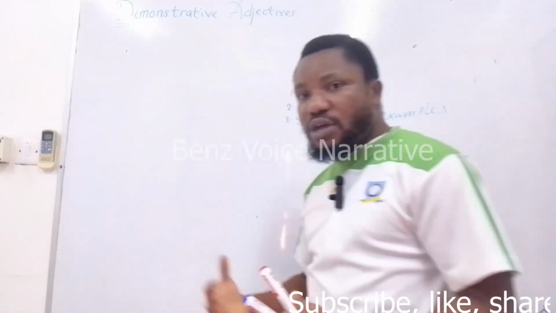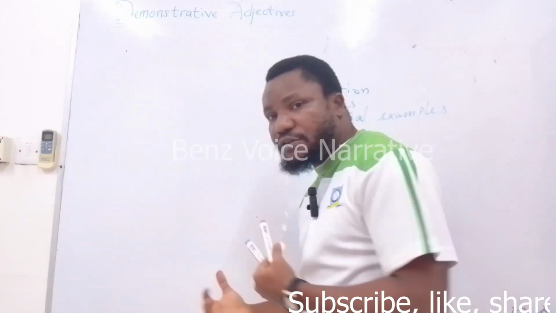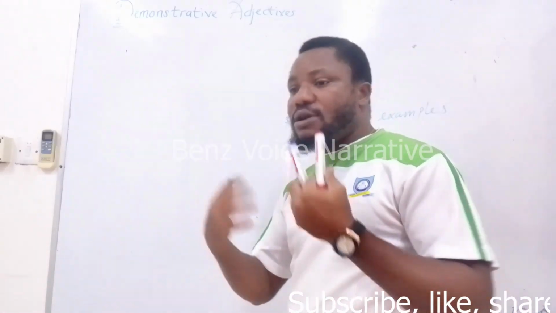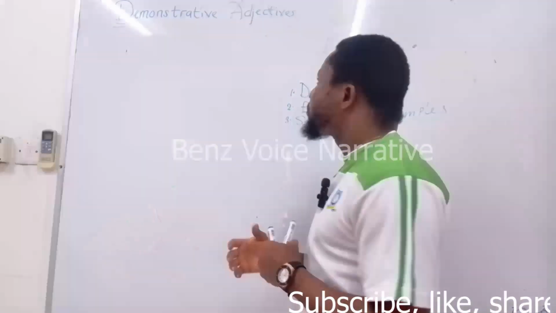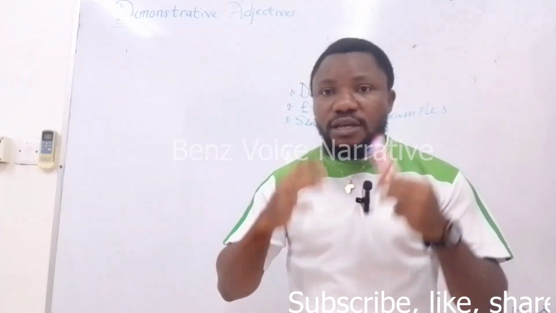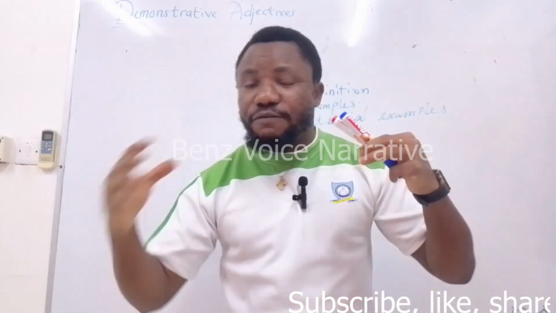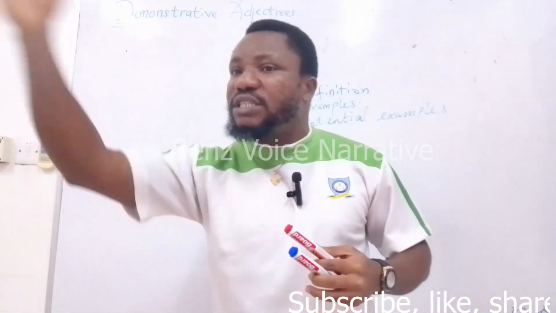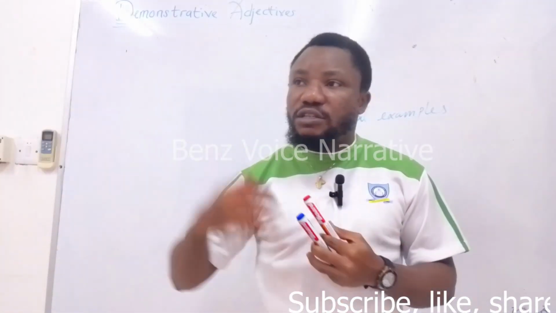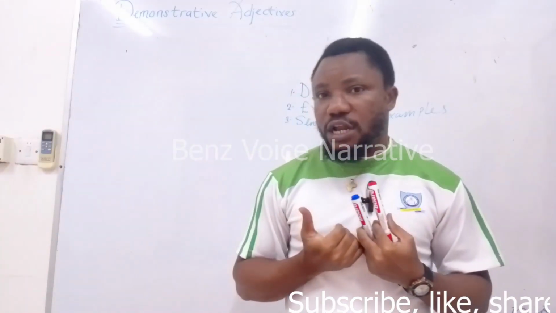And of course, you know that to demonstrate simply means to use the power of body movement to describe something or to paint an incident or a scenario. So, in terms of definition, demonstrative adjectives perform the function of demonstrating, of acting out, of pointing out something, maybe something that is far away or something that is very close, okay?